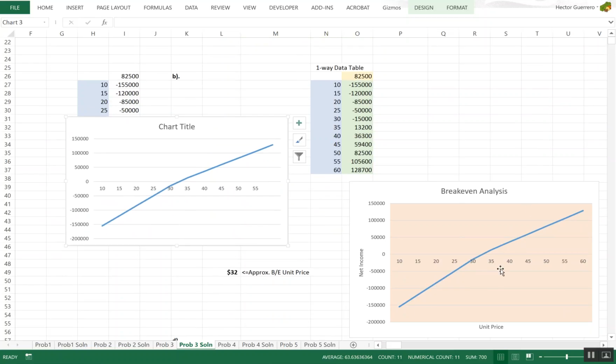And the question is, where do I break even? Where's my net income equal to 0? And it looks like it's about 34,000, about a value of 13,200 there, approximately.